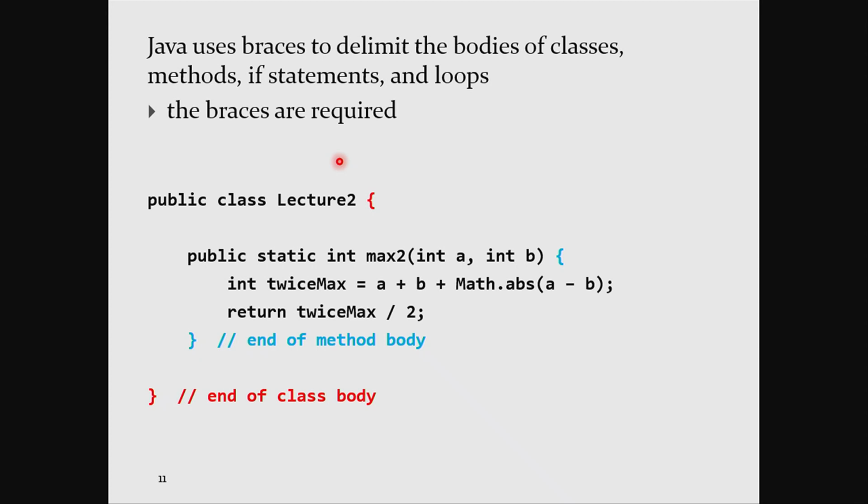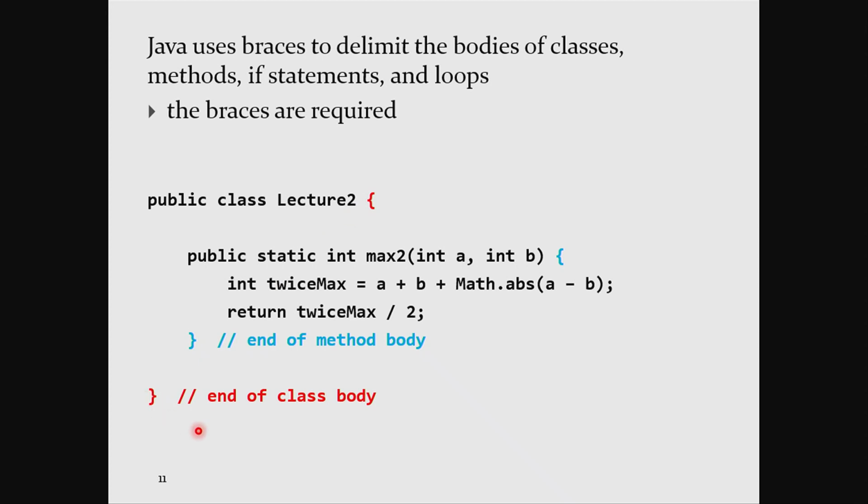Java uses braces. That's the other difference. Because there's no indentation, you need some other way to delimit the body of a method, or the body of an if statement, or the body of a loop. So Java uses braces, and you can nest the braces. You see here, the red braces delimit the body of the class.